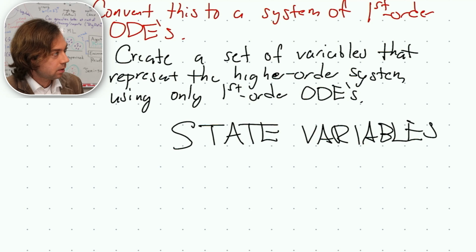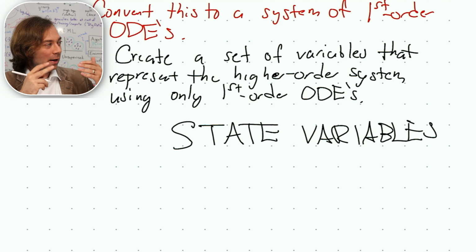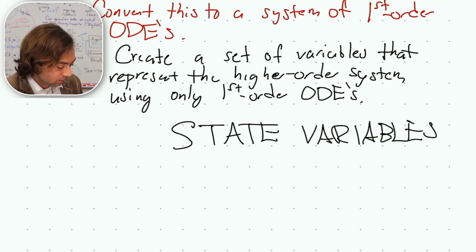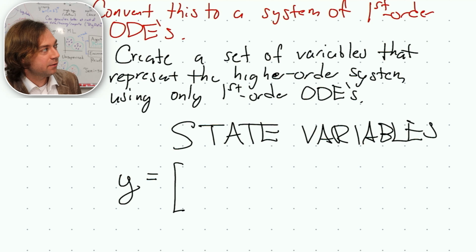Okay? And for mechanical systems, which are typically second order because of F equals ma, or there are multiple second order systems, you say, I'm going to have state variables. We'll call them y. And it's a list of them, a vector of them.